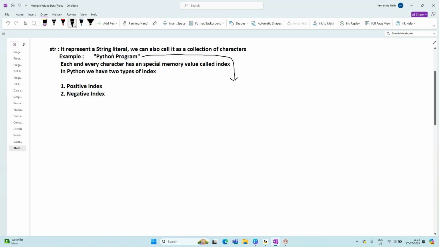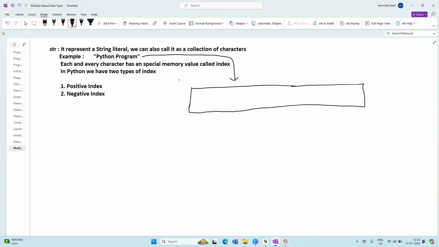So now, first of all, we will talk about this indexing by looking at this particular thing. Now what I just told, each and every character has a special memory value. First of all, we will write something like this: P, Y, T, H, O, N. You have a space also.